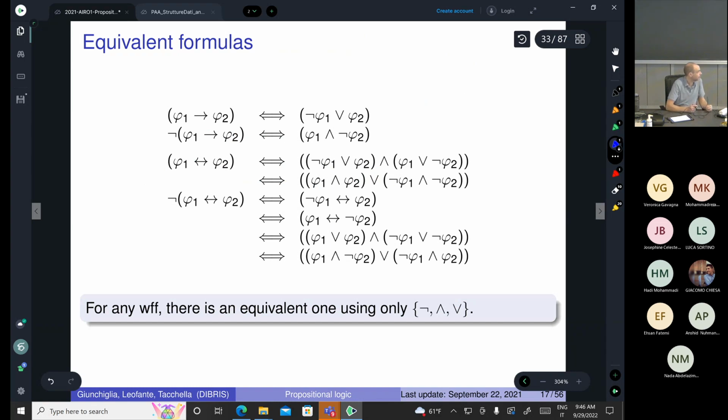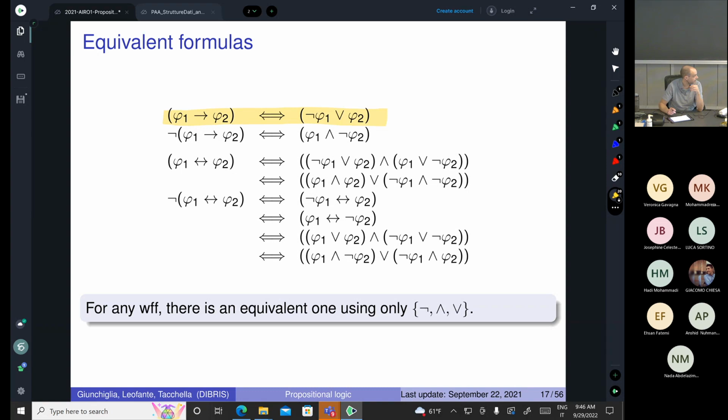Okay, so here is an example of equivalent formulas that can be used, for instance, to replace in other formulas. We have already seen this.